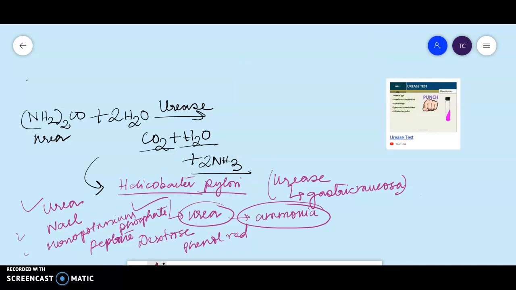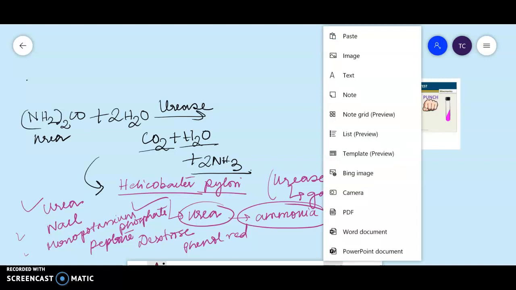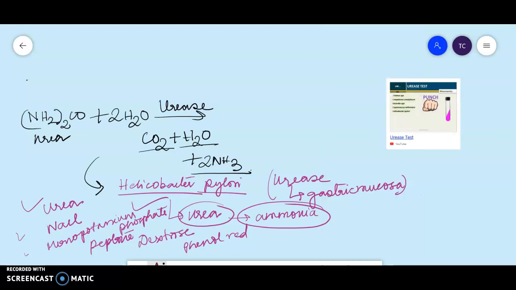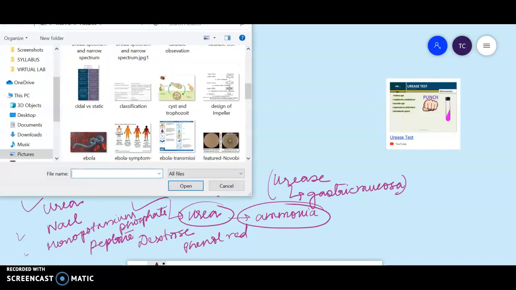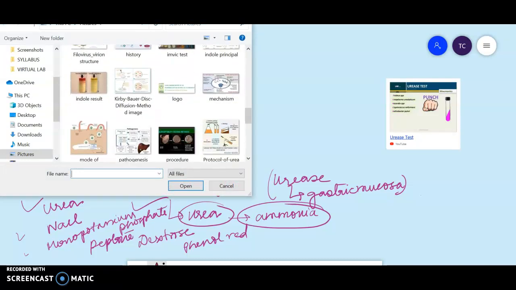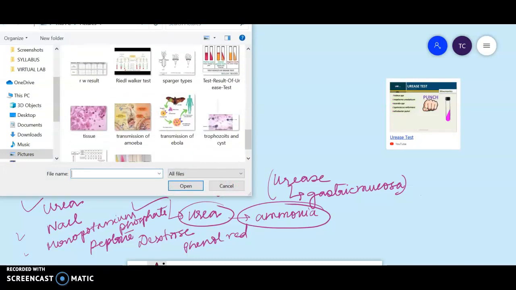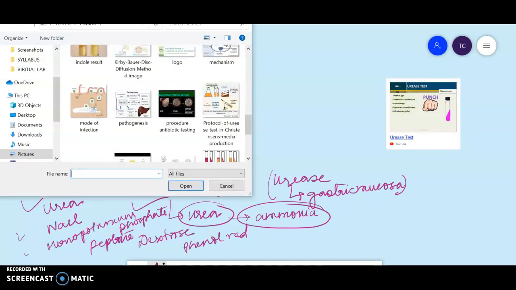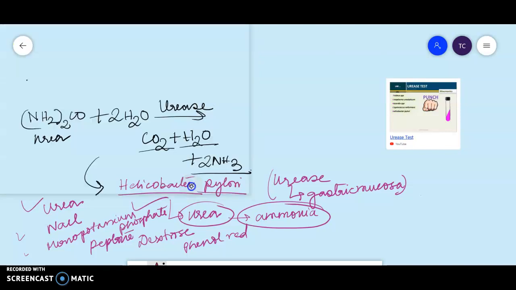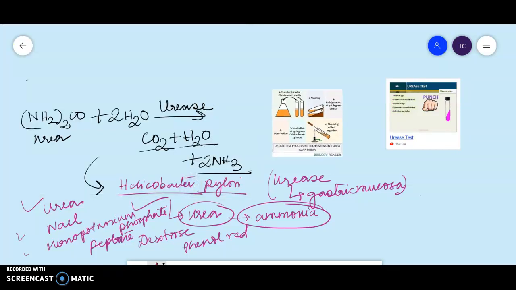Before we move on to the procedure, let's insert one image, and from there we can determine the procedure. This is your procedure.